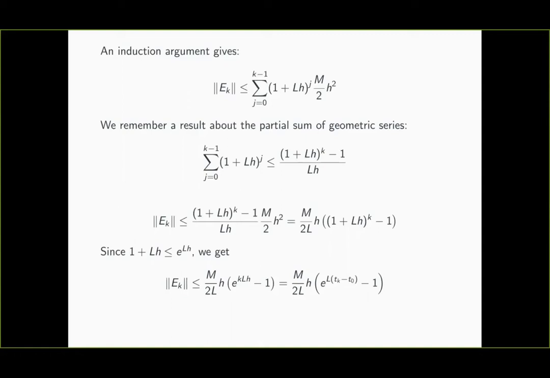And then finally, k times h, that's just the distance between the time tk and t naught. So this upper bound can be simplified a little bit to M over 2L times h times (exponential of L times (tk minus t naught) minus 1). And that's precisely the upper bound that I've been looking for.